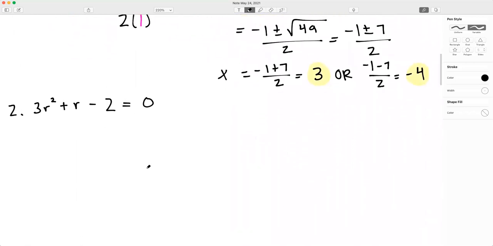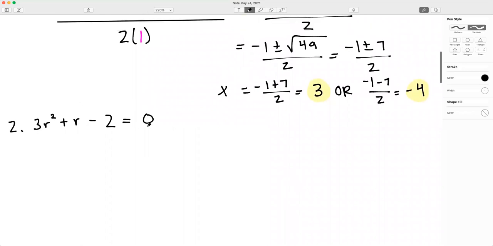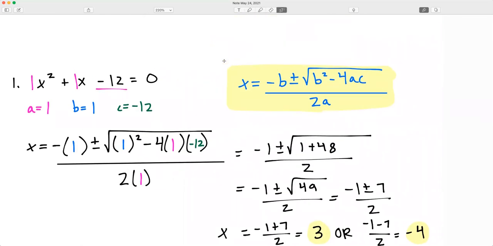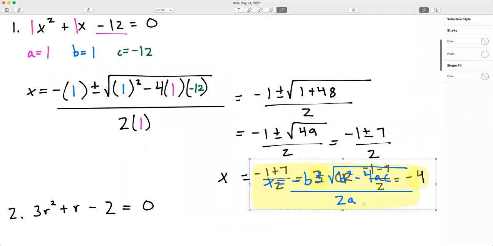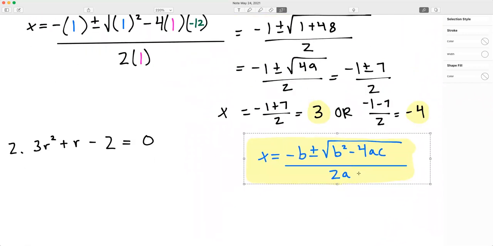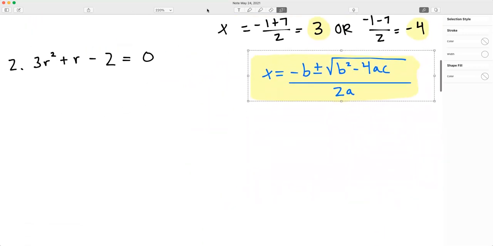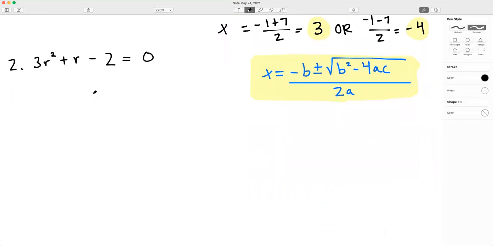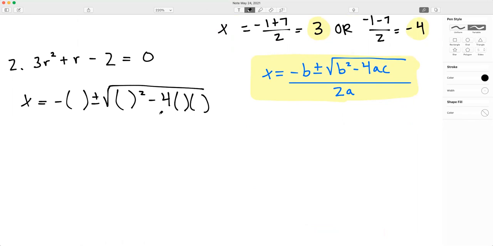All right, so let's use the quadratic formula again. It's worth memorizing. Let's take this thing down here so that we remember it. Don't forget it. There it is. Okay. So we're going to plug and play here. x equals negative b plus or minus the square root of b squared minus 4ac all over 2a.